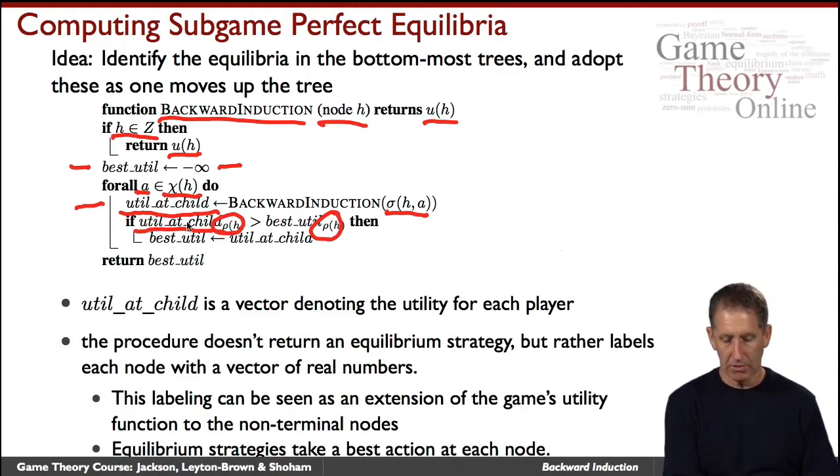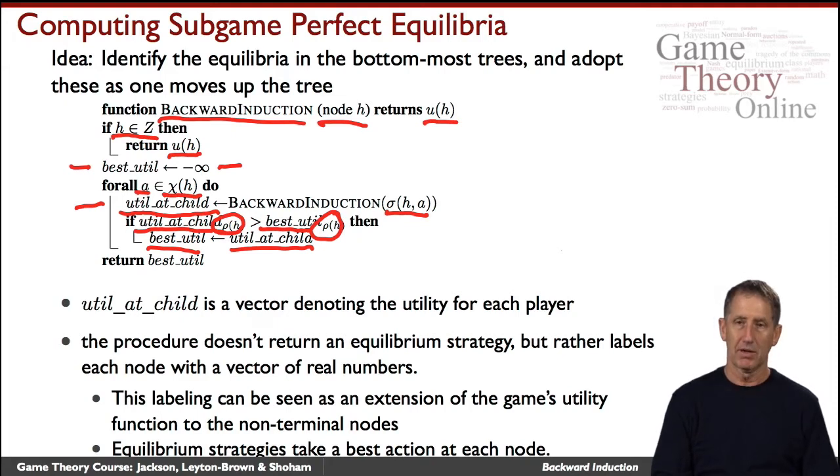If the utilAtChild is better for that agent than the bestUtil we found so far, then simply update it. Update bestUtil to be this utilAtChild. Otherwise, leave it unchanged.